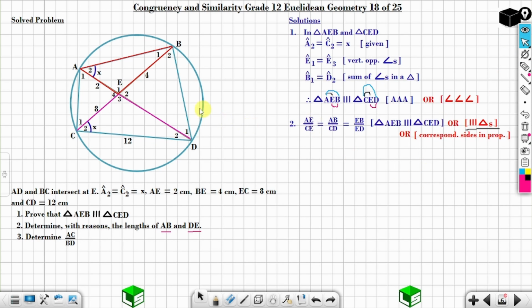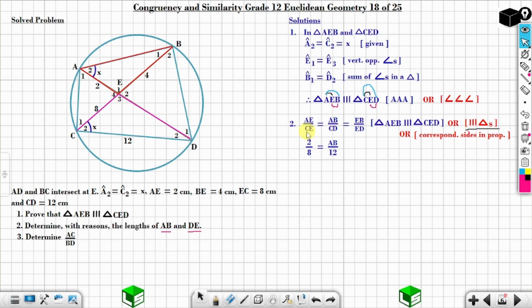Okay, so let's plug what we have. We have AE is 2 over CE. CE is 8. This is equal to AB over CD. CD is 12. Okay, from this you can solve for AB.